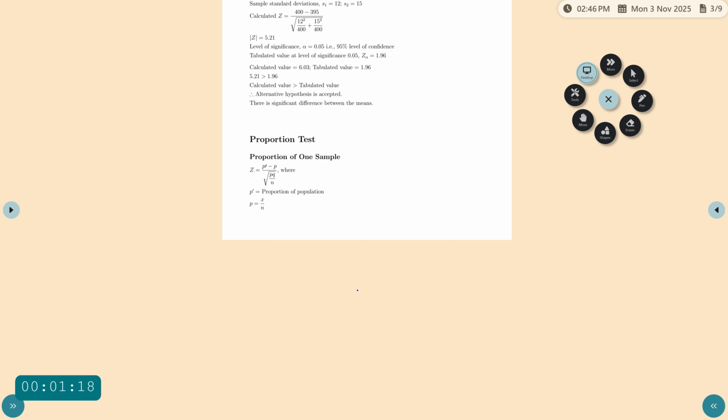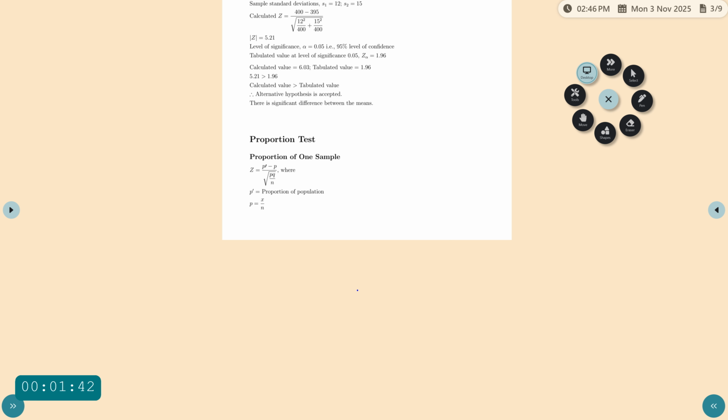Proportion of one sample. Remaining things for testing of hypothesis are the same as for the tests. What are the tests? One is T test, F test, and Chi-square test. So T test is based on mean, single mean, difference of means.